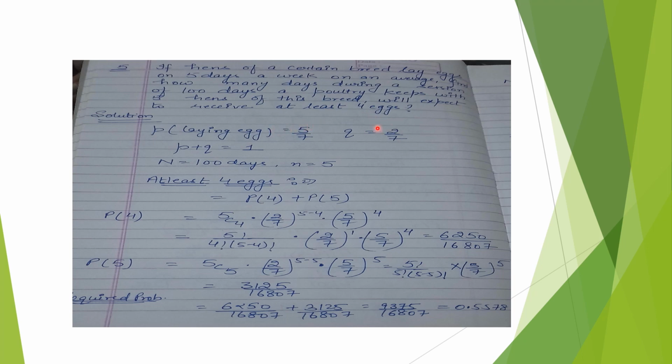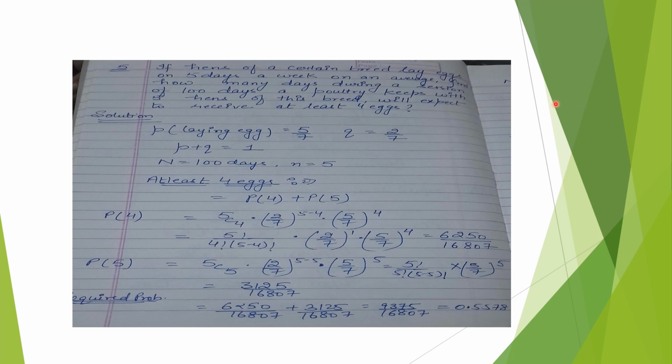What is the probability of receiving at least 4 eggs when this poultry keeps 5 hens of this particular breed, and these hens lay eggs 5 days on an average in a week?